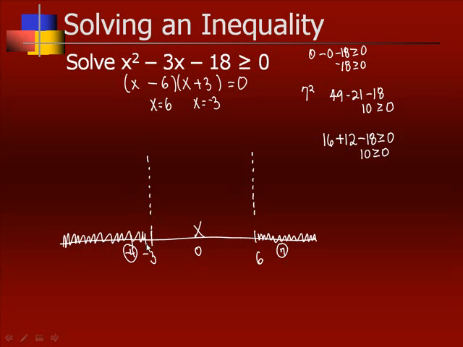That works, so we're going to shade that interval. Now in this case, because it's or equal to, that means these endpoints do work. They are shaded, so our solution would be -infinity to -3, unioned with 6 to infinity.